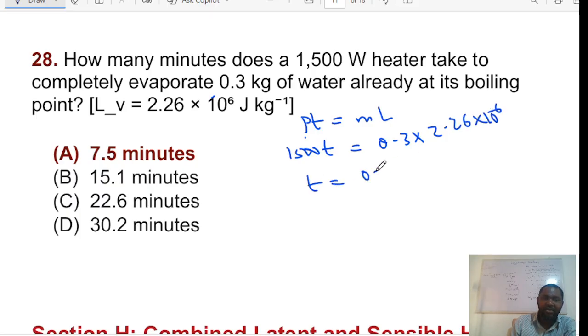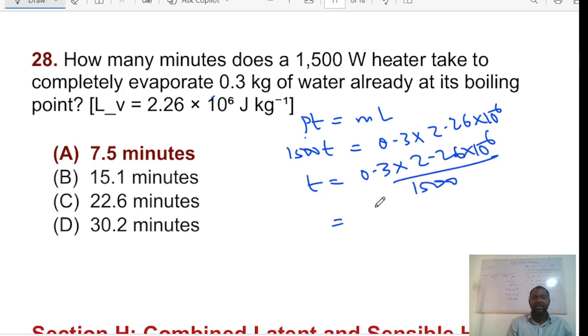So the time is going to be 0.3 times 2.26 times 10 to the power 6 divided by 1500.